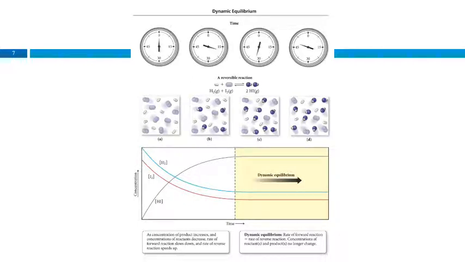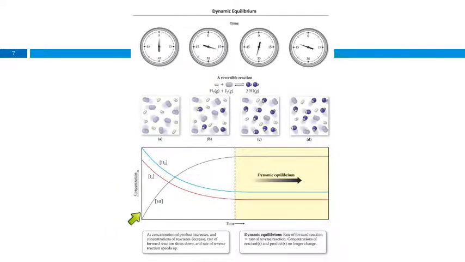So let me try to explain this graph, or this figure. Up here we have some clocks, and so this is representing time passing. Here, this is the reaction we're looking at, H2 plus I2 making 2HI. So initially, when things begin, all we have is the hydrogen and the iodine.